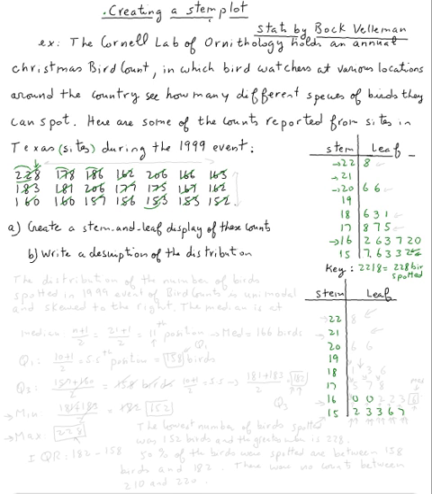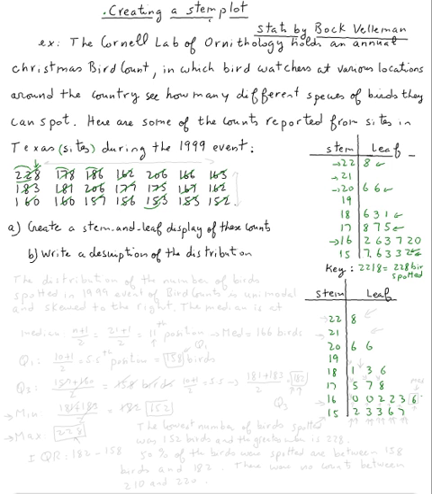For 17 it will be 5, 7, 8. For the 18, 1, 3, 6. 19, nothing. For 20, 6, 6. For the 22, it'll be 8. Alright.